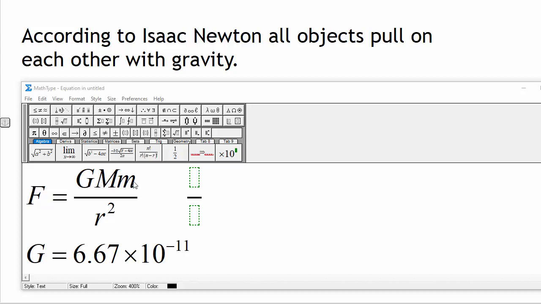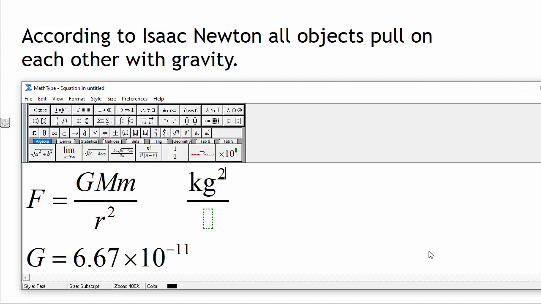Now, if the unit for mass is the kilogram, we have 2 of them in the numerator here. This becomes kilograms squared. And in the bottom, if the unit of distance is meter, we have meters squared. A kilogram squared per meter squared does not equal a newton. We'd like it to equal a newton, so we're going to put some units on the end of our gravitational constant to make sure that happens.